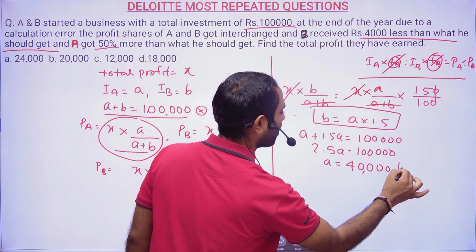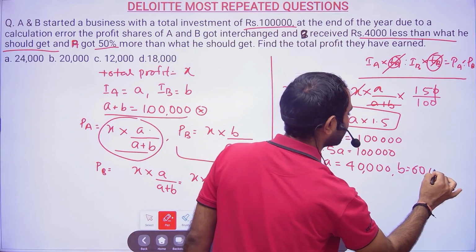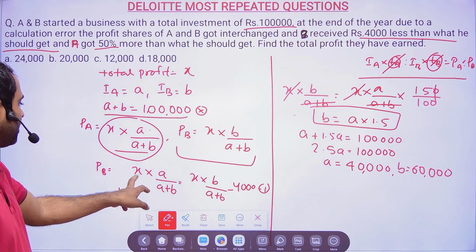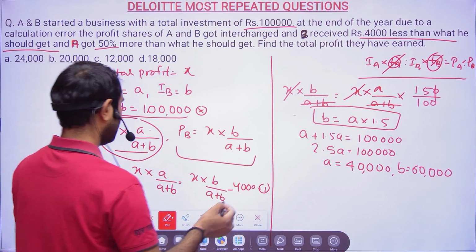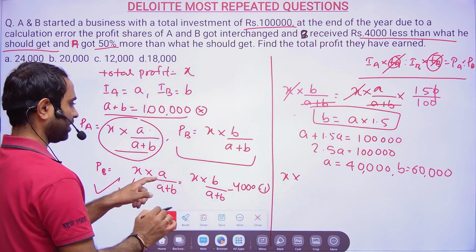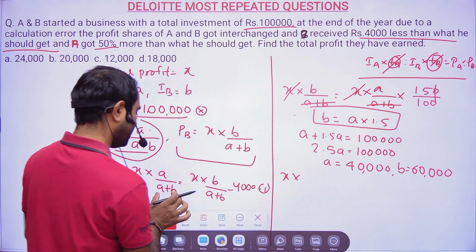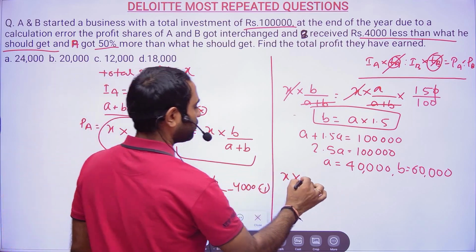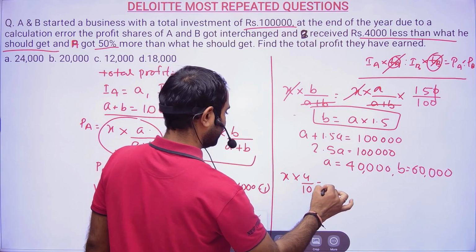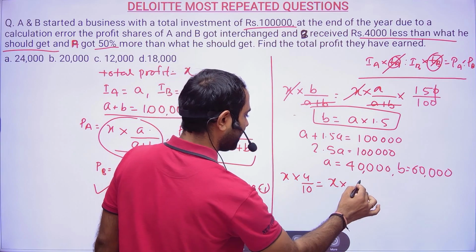So B will be what? B will be nothing but 60,000, because total is 1 lakh. Now put the same in this equation, you will be able to get the value of this X. So X into this particular equation, A is 40,000 divided by total 1 lakh. So I can directly write 4 by 10 is equal to X into B, B is 60,000.